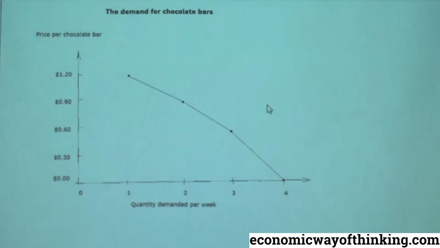So now we will put that information from our experiment on that graph. You will see the price per chocolate bar and the quantity demanded for each bar.